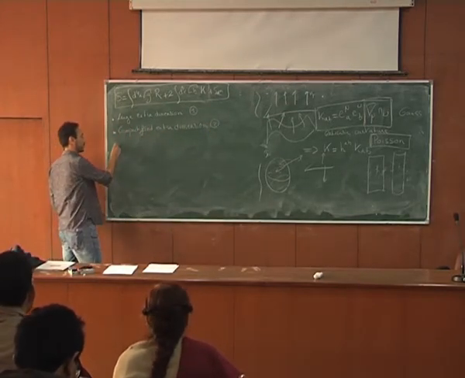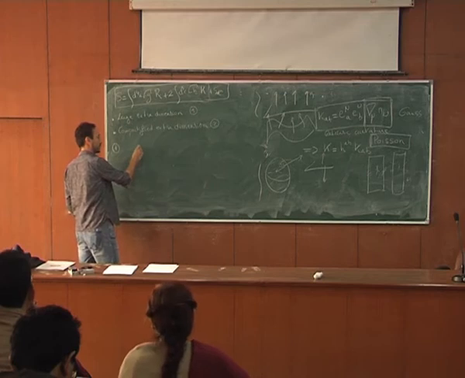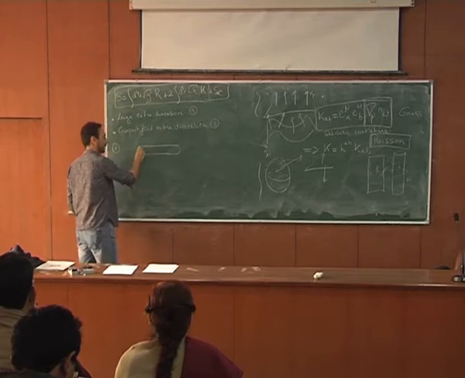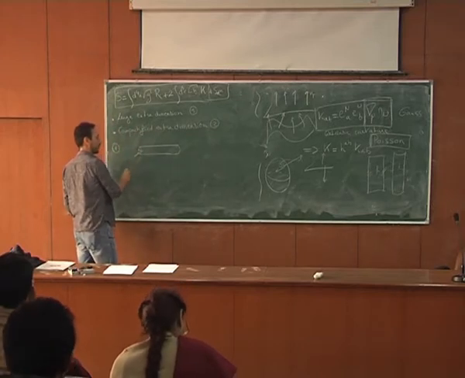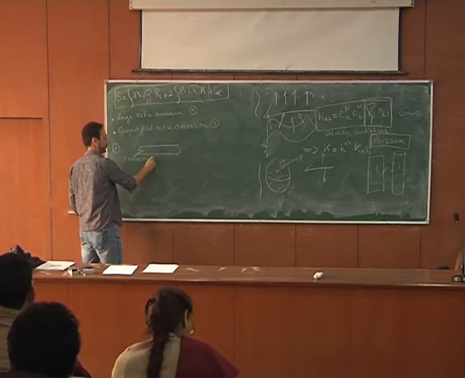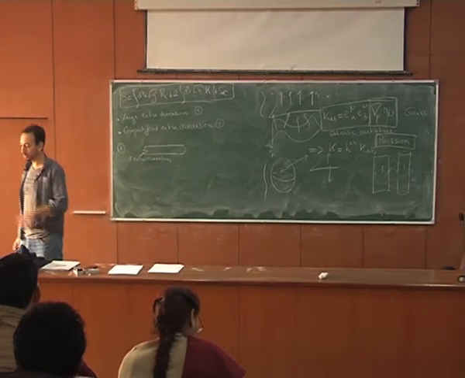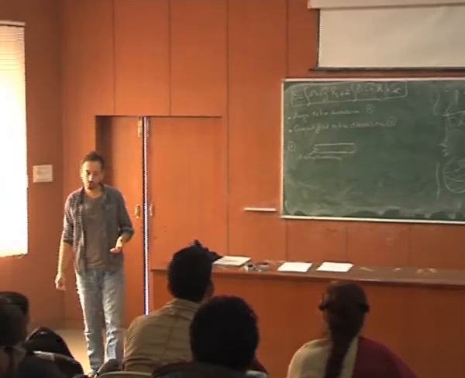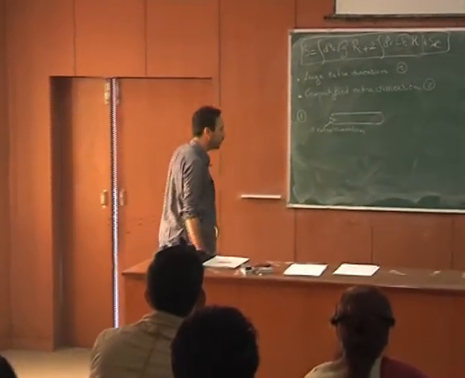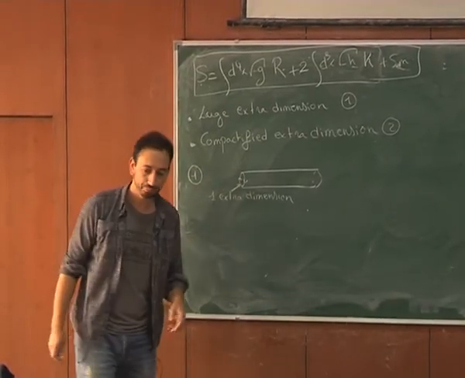The first one, we talked about it last time, is to say that there are some extra dimensions, but these extra dimensions actually are compactified. So this will be, for example, an extra dimension. So in the sense that you say that actually we have extra dimensions, how many we want depends on the theory, but that extra dimension will be extremely small and actually compactified, so it has some periodicity.